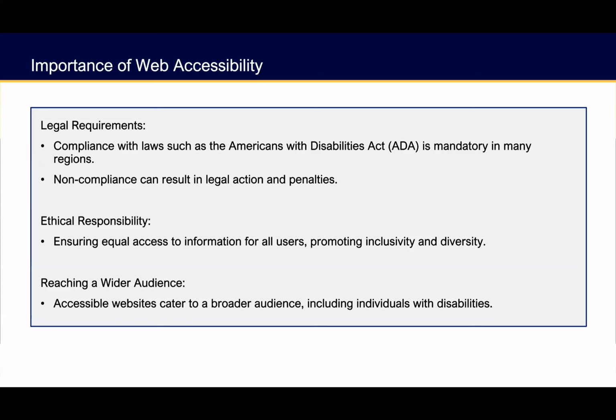When you're creating websites or any sort of content for mass consumption, there's this understanding that you are designing this so that it's compliant with the laws that were advocated for by the ADA, the Americans with Disabilities Act. And this compliance legislation is mandatory in a lot of states, a lot of regions. And not being compliant can result in legal action or legal penalties. And that sounds very serious.